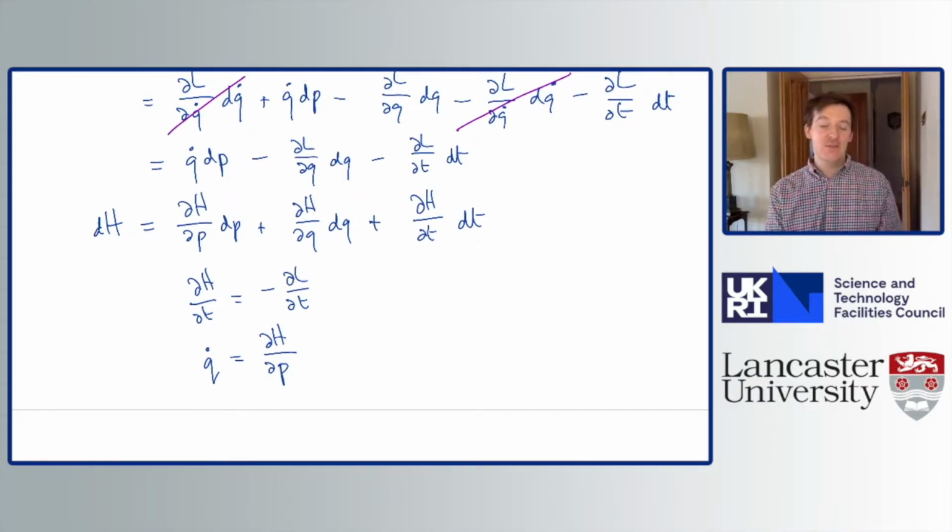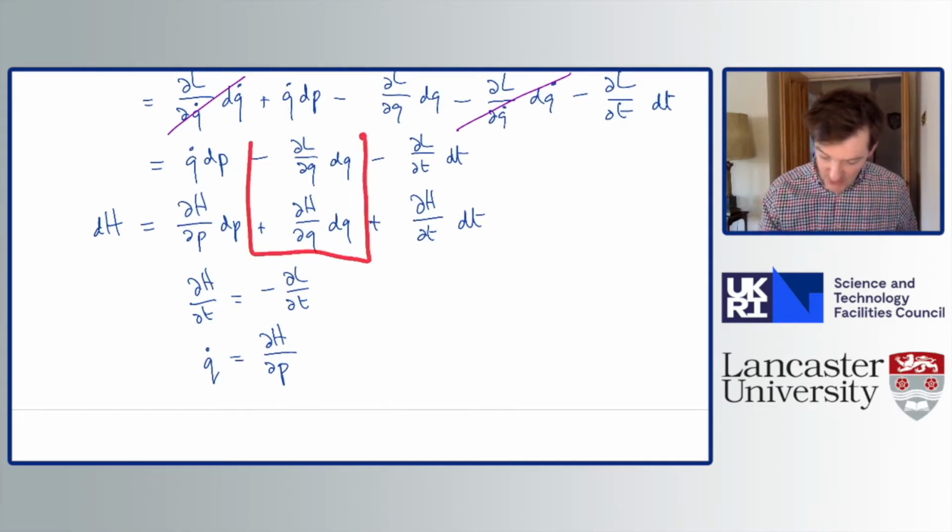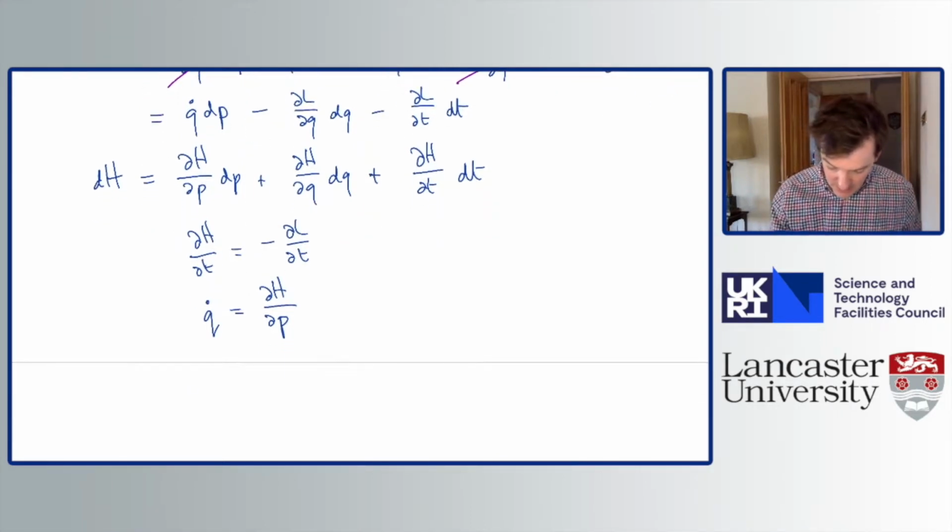In other words, when we take the partial derivative of the Hamiltonian with respect to p, it tells us how this coordinate depends on time. And then these two terms must also be equal to each other, so minus dL/dq is dH/dq.